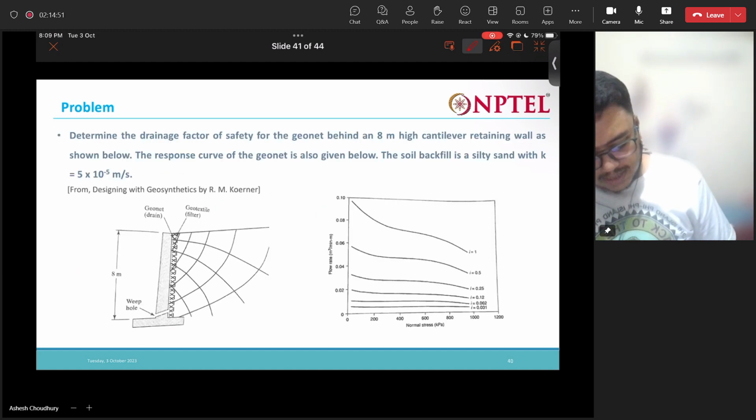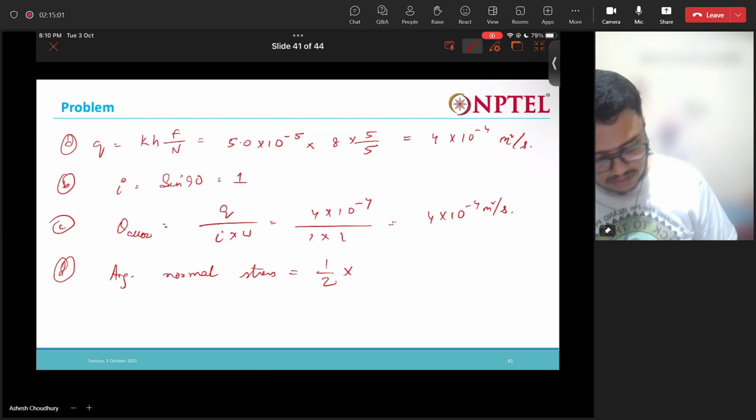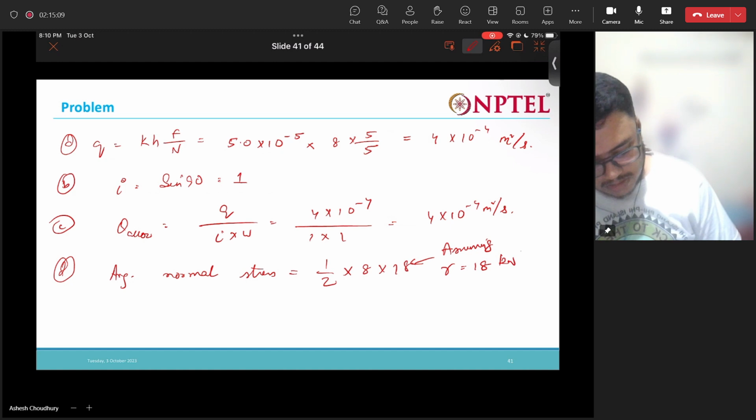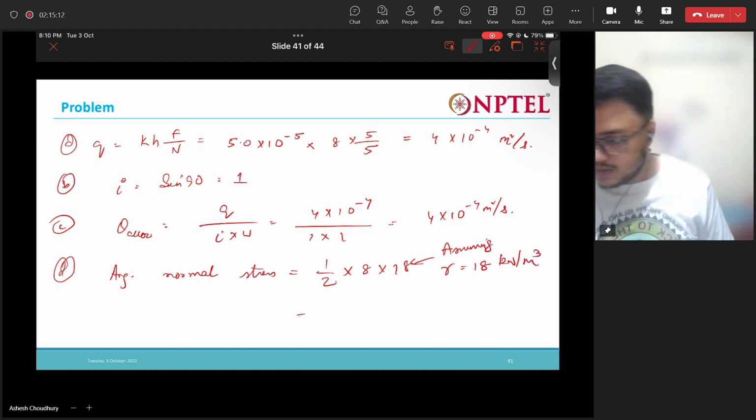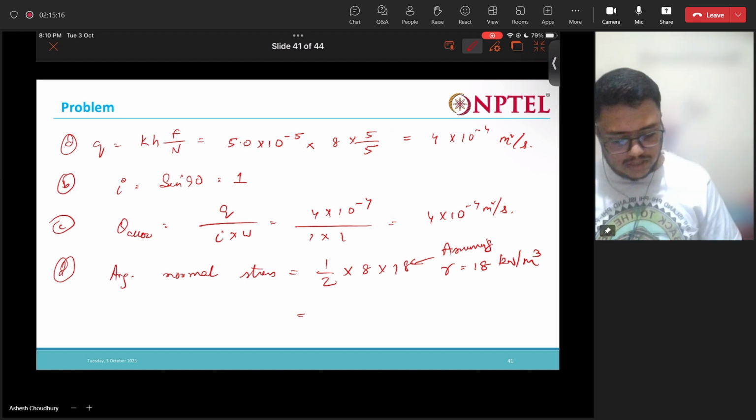Height is 8, and what is the gamma, the unit weight? Unit weight you can take as 18. Half into 8 into 18, assuming gamma 18 kilonewton per meter cube. So from here you will get half into 8 into 18, average 72 kPa.